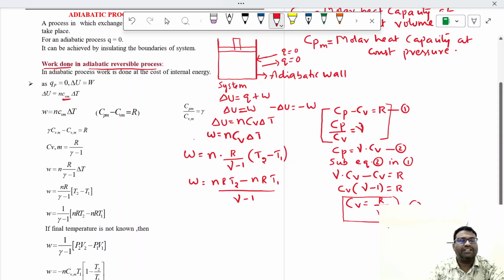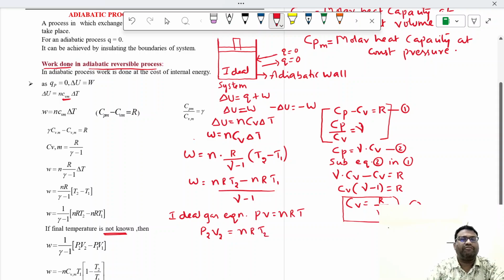But if the final temperature is not known, in this gas we are taking ideal gas, right? Let us consider in the system we have taken ideal gas. For ideal gas, we know the ideal gas equation PV is equal to nRT. Now P2 V2 is equal to nRT2.